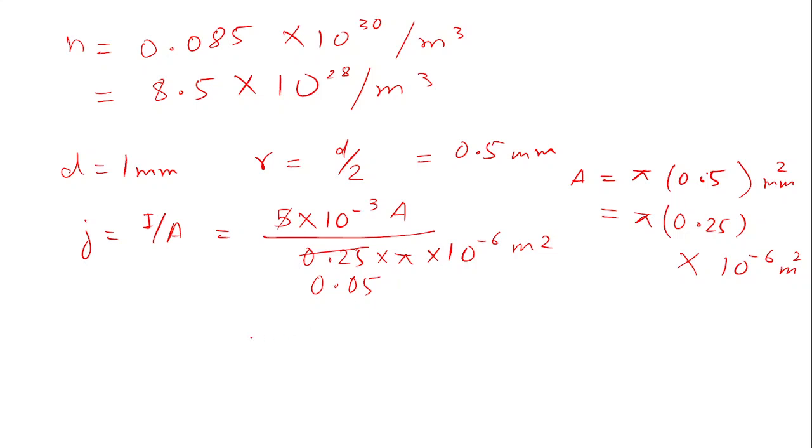then I will be left with 1 over pi, so the 3.1847.